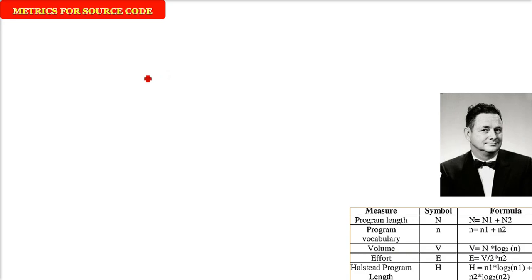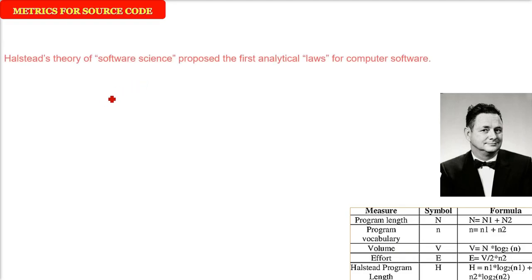Metrics for source code. Now the programmer and software team are more interested in the software code. Halstead gave a theory of software science, and he was the first to propose analytical laws for computer software.